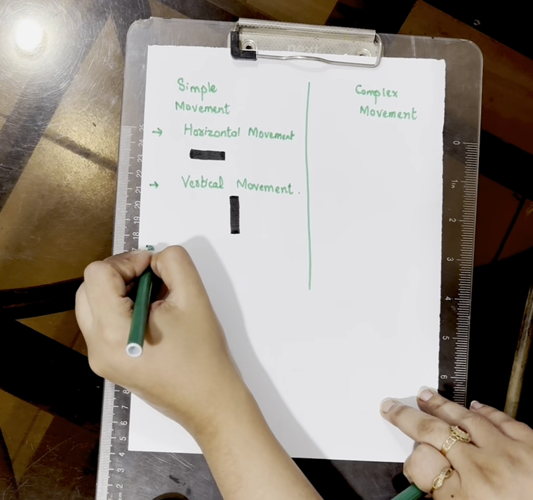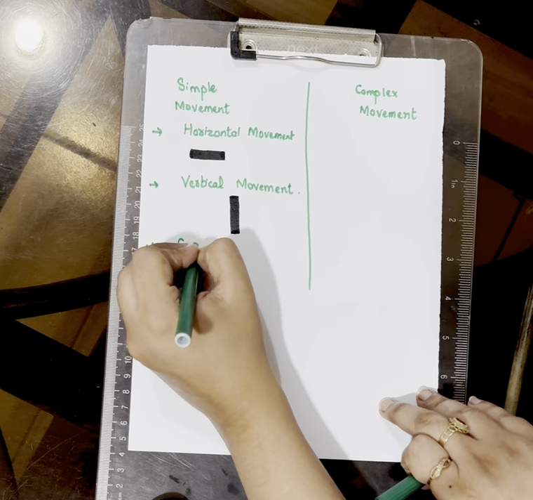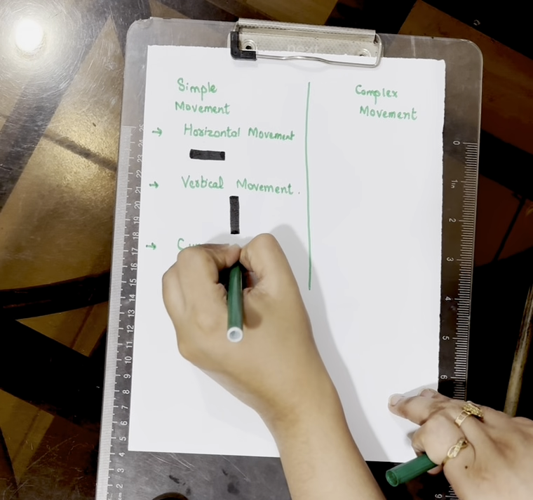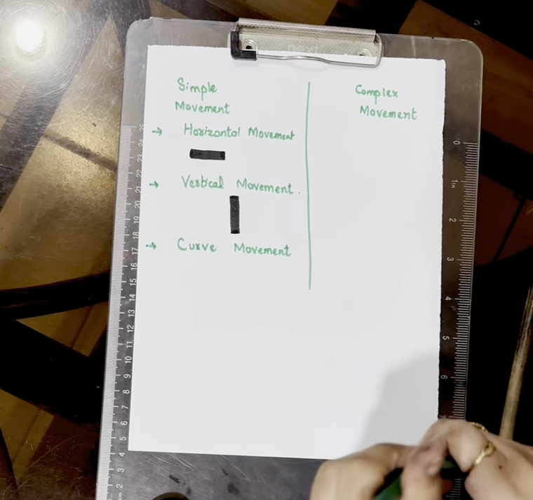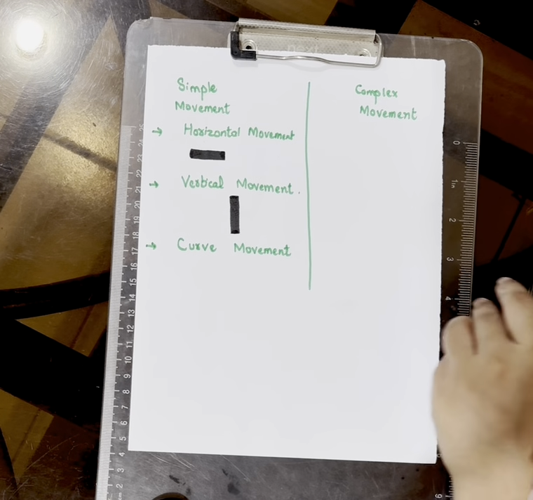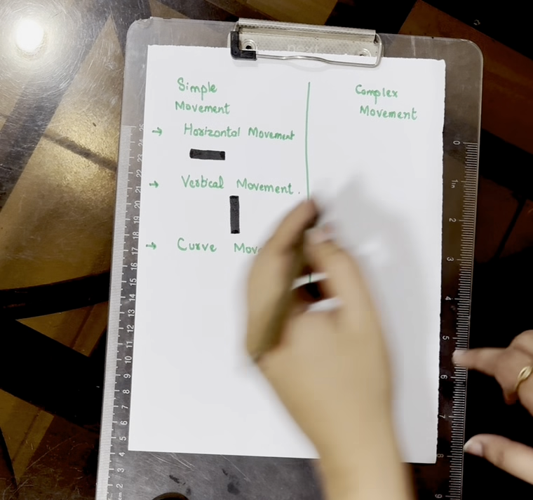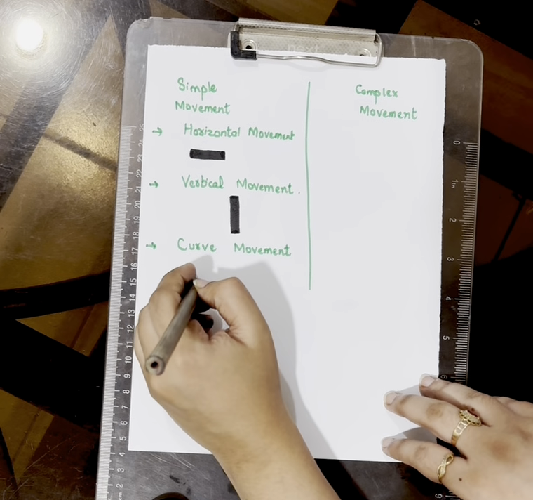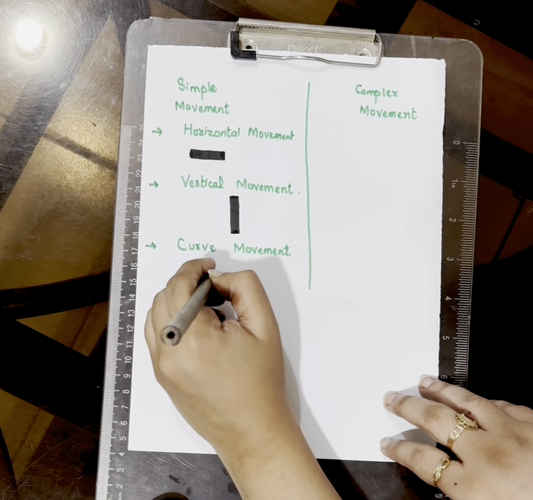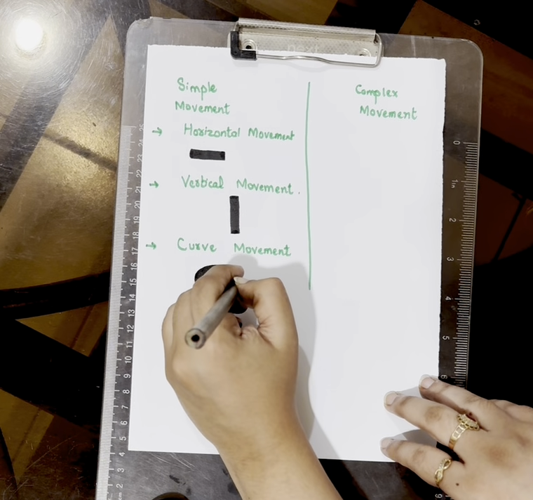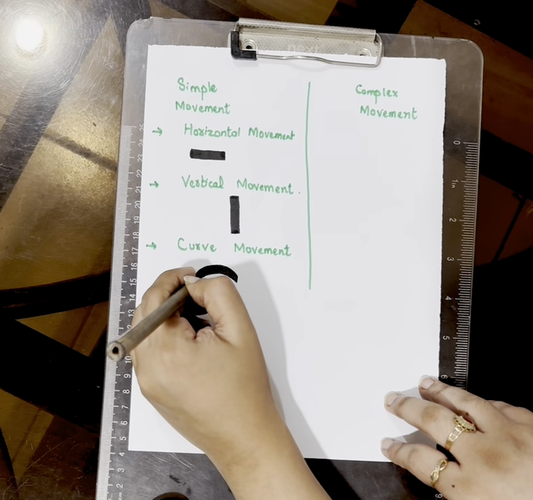Now, the next type of the simple movement is curve movement. Place your kalam at 90. Make a curve which ends at 90. This is the curve movement.